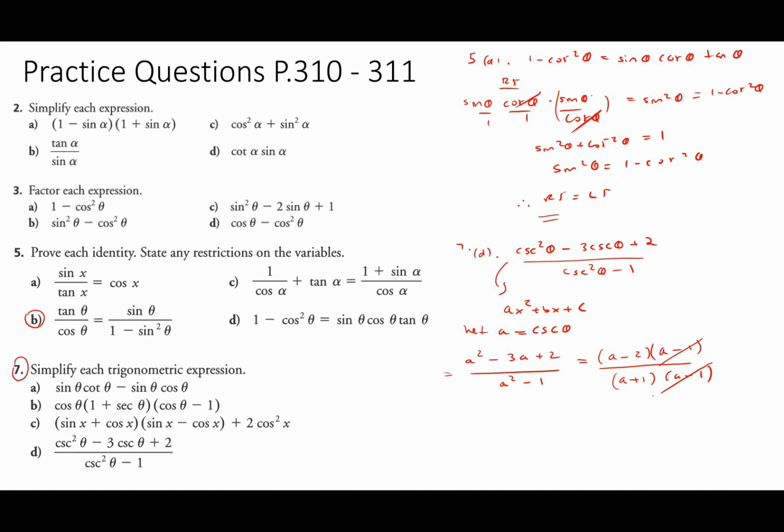You can notice here that the a minus 1 common factors cancel out. So you're left with a minus 2 over a plus 1. Now if you resubstitute a equals cosecant theta back into this expression, you get cosecant theta minus 2 over cosecant theta plus 1. And that is your simplified expression.